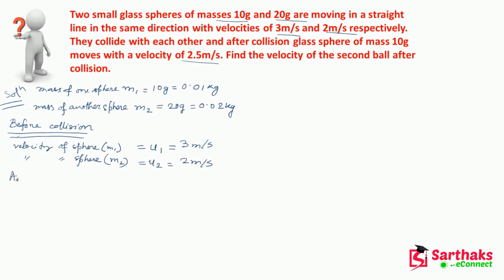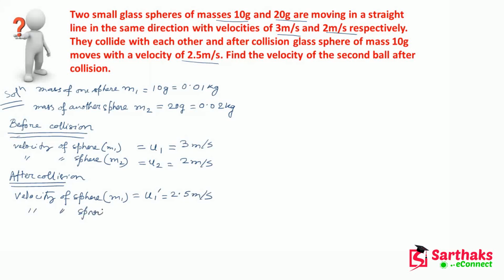And after collision, let the velocity of the sphere with mass m1 be u1 dash, given as 2.5 meter per second, and the velocity of sphere m2 after collision is u2 dash, and we have to find out this.